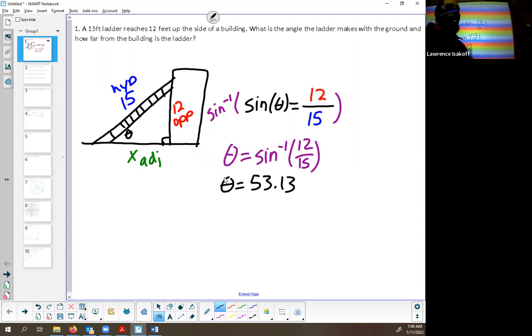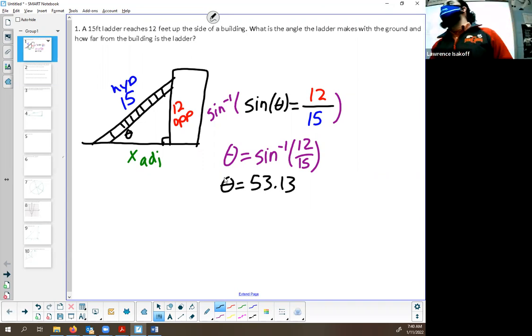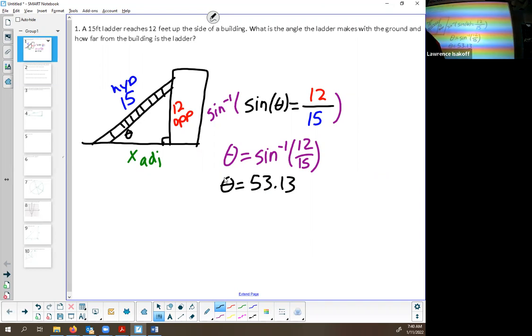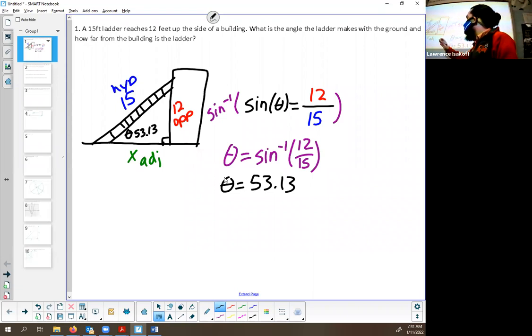Now that I know that, I can use, or actually not whatever function I want. I can use either cosine or tangent to get my adjacent side, because now I know this angle is 53.13. Let's see, I'm going to just utilize opposite over adjacent.